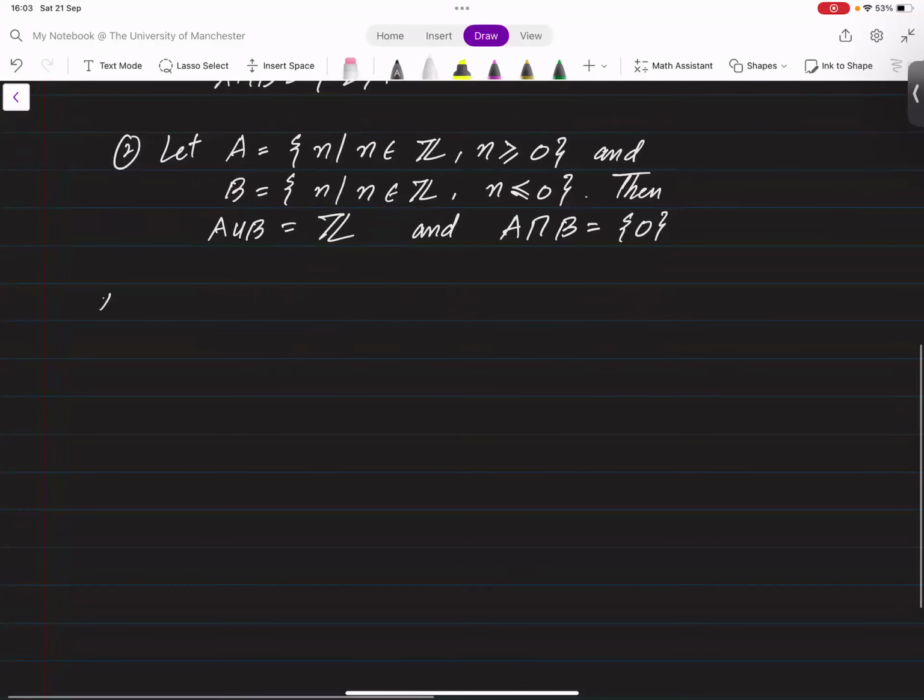Now we have a definition for disjoint sets.